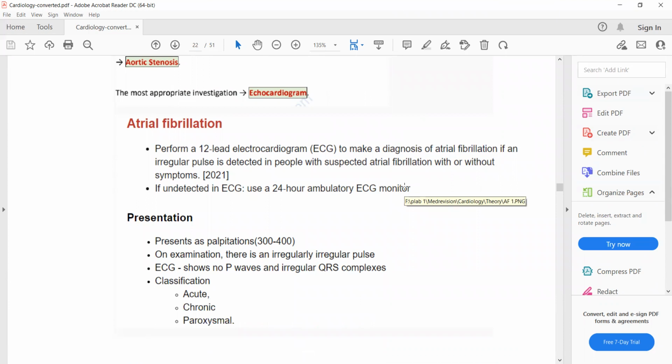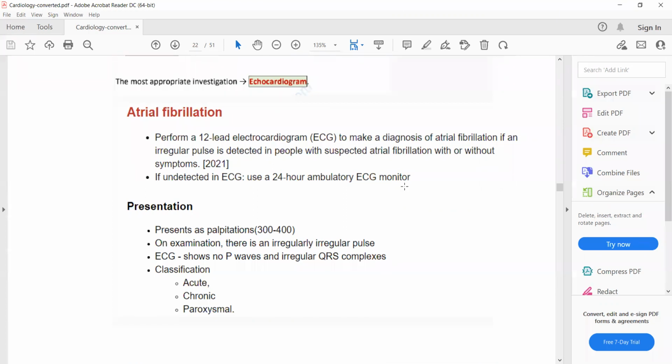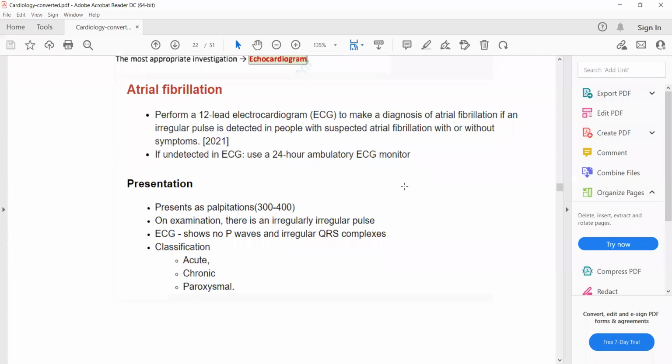Atrial fibrillation can be classified as acute, chronic, or paroxysmal. Remember that if a patient presents to you with palpitations and you are suspecting atrial fibrillation, then the initial investigation that you will perform is a 12 lead ECG.